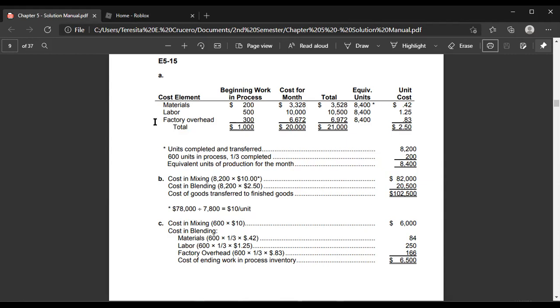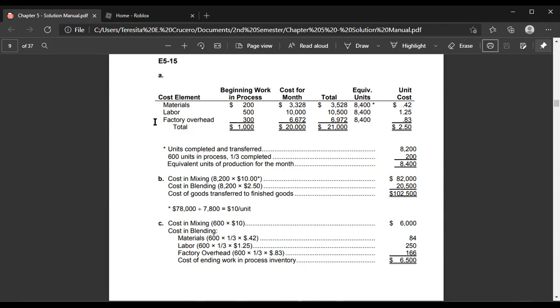Now you multiply 8,200 times 10, from the mixing to the blending. So you now get 82,000. And we add the cost in blending of 8,200 times 250. So you get now the total cost of goods transferred to the finished goods stockroom.